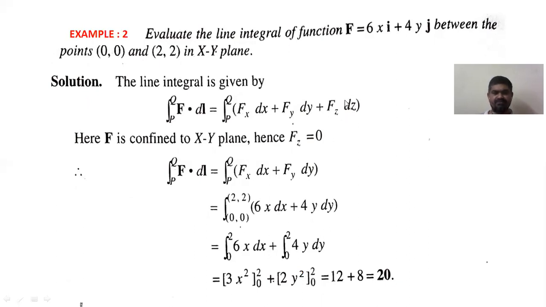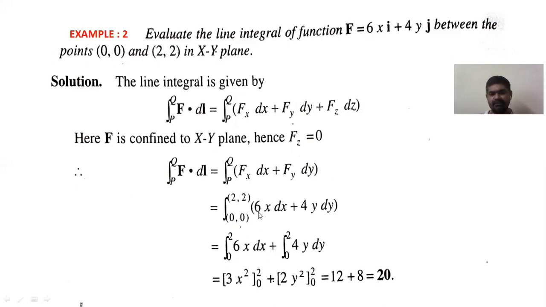This term is 0. Therefore f bar dot dl bar equals the integral from p to q of fx dx plus fy dy. Here dl is the position vector; in the earlier case we have seen dx i plus dy j, so fx value is 6x, giving 6x dx plus fy value 4y dy, with limits 0, 0 to 2, 2.